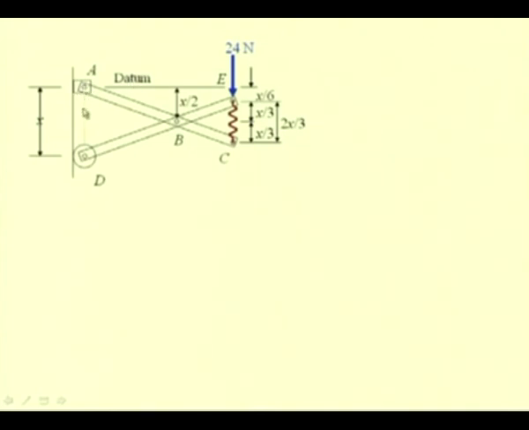So, at any position for the mechanical system, the position of the roller is x units below this datum line. So, for this position, let us try to see how the other positions are related to this displacement x.